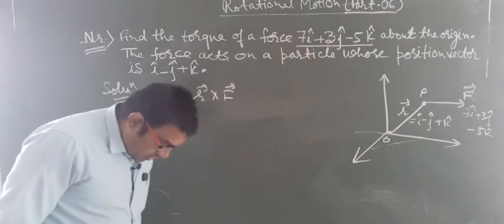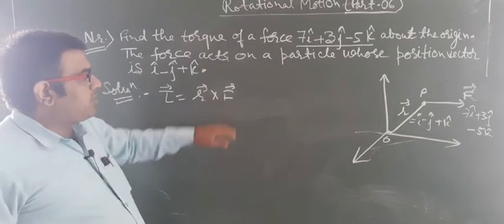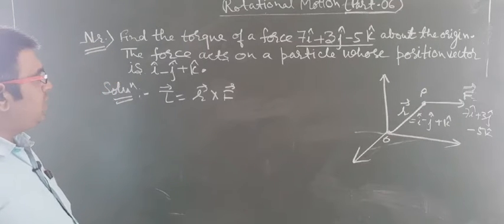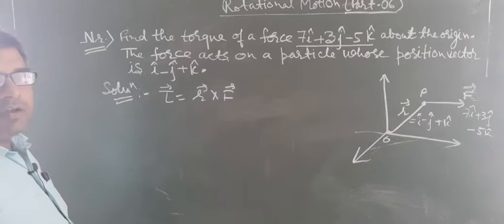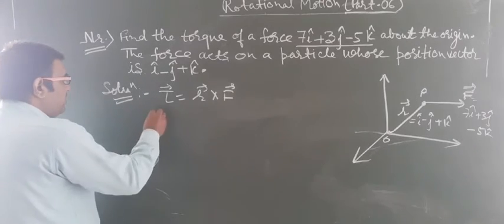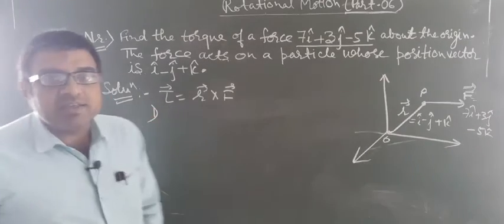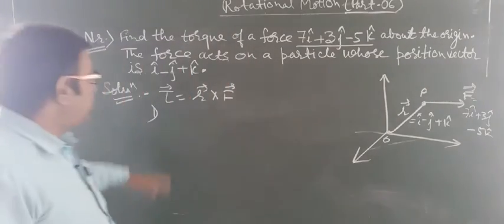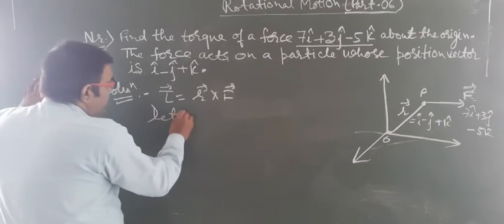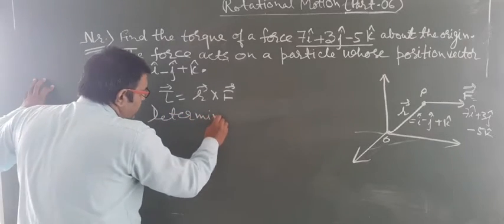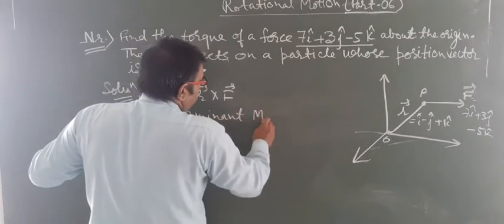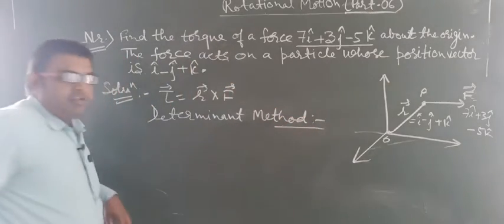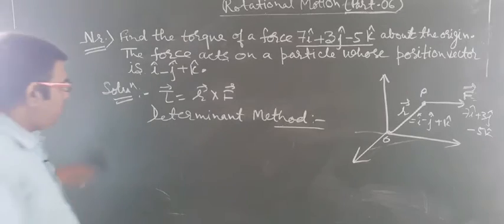So it is the cross product of two vectors. We will use the determinant method, which we had discussed in the cross product of vectors, for the calculation of torque.